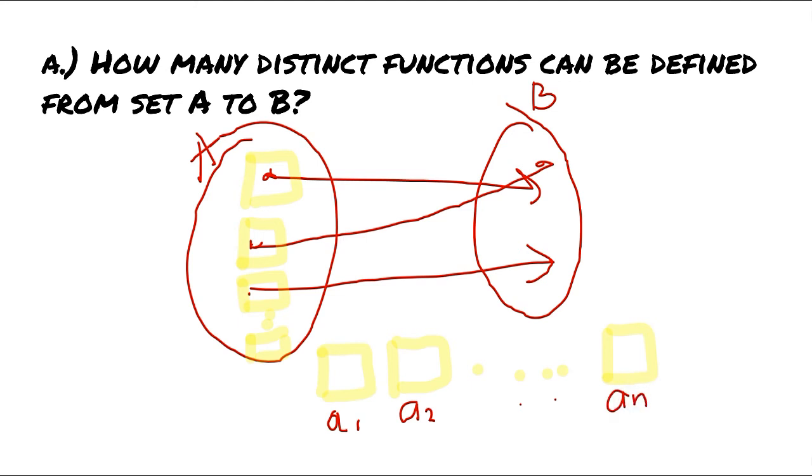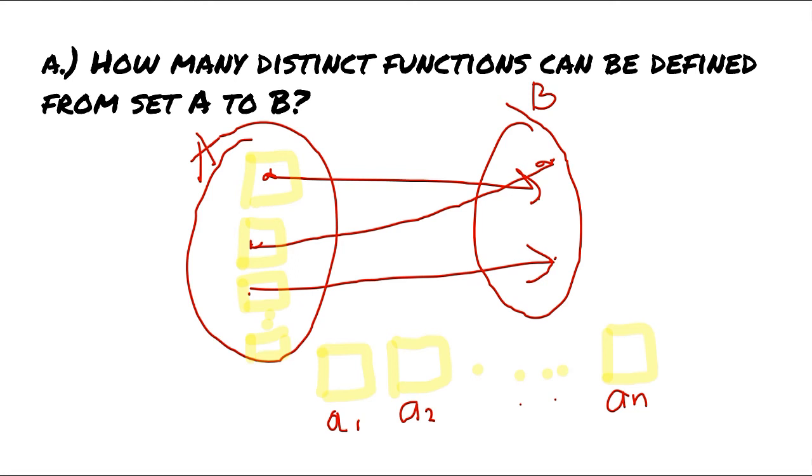In the first domain element, how many possible assignments could I make? That will be answered by the number of distinct elements of B, because I will simply choose from my codomain.